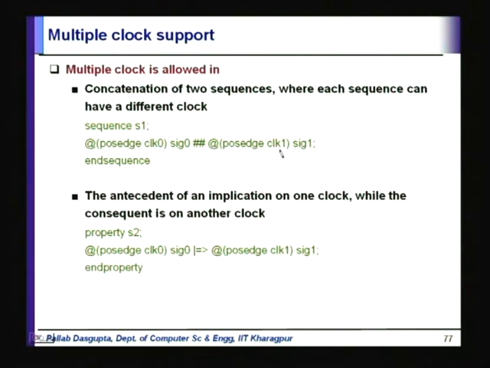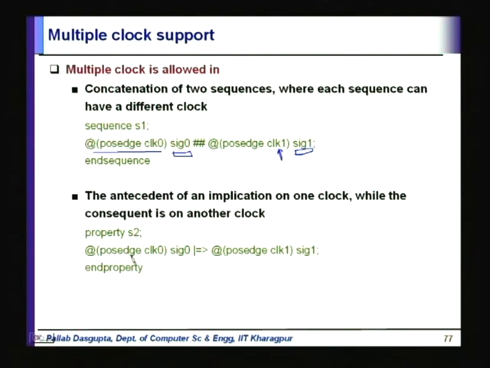You can write at posedge clock1 S1. So, you see that this sequence will be evaluated with this clock, and this sequence will be evaluated with this clock. So, if this sequence has some #1, then that is going to be interpreted with this clock, and if this sequence has some #1, then it is going to be interpreted with this clock, right.